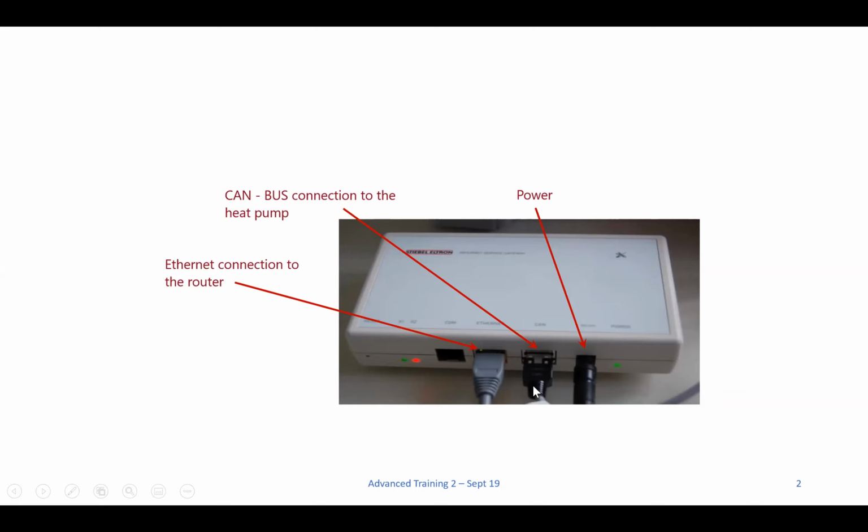The CAN bus is a cable we also supply, this cable here, and it's the cable that connects our ISG into our WPM. For those who haven't been in other presentations, WPM is our heat pump management system. So we provide the cable from the ISG to the WPM. Now that cable comes at a certain length. I think that length is about 5 meters. We really don't like to see that cable being extended.